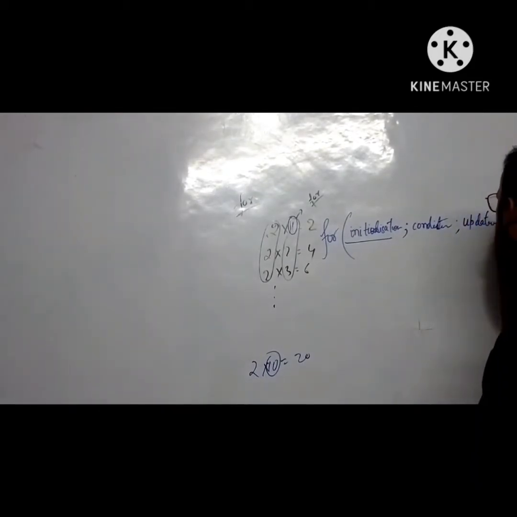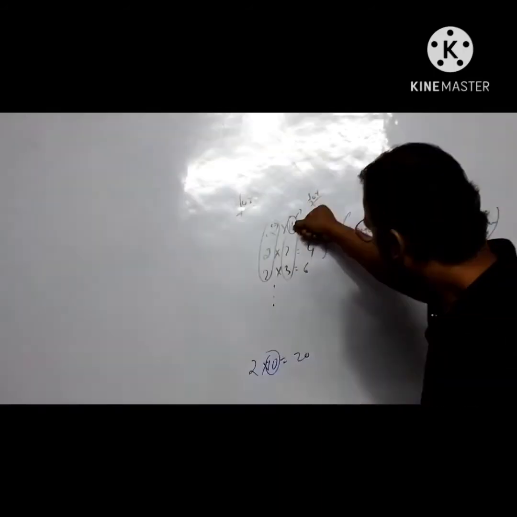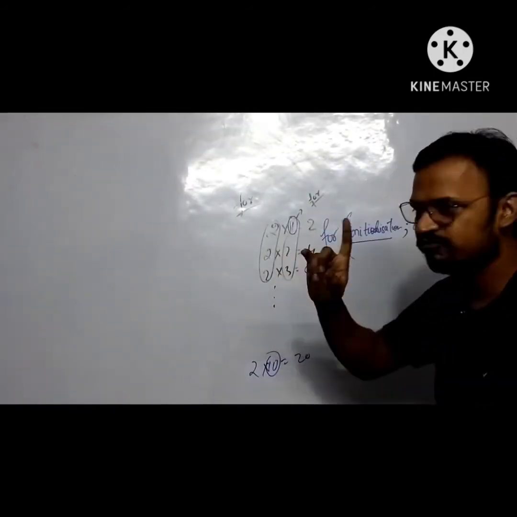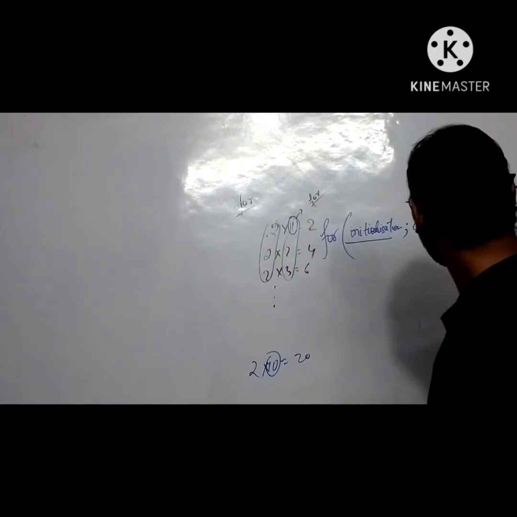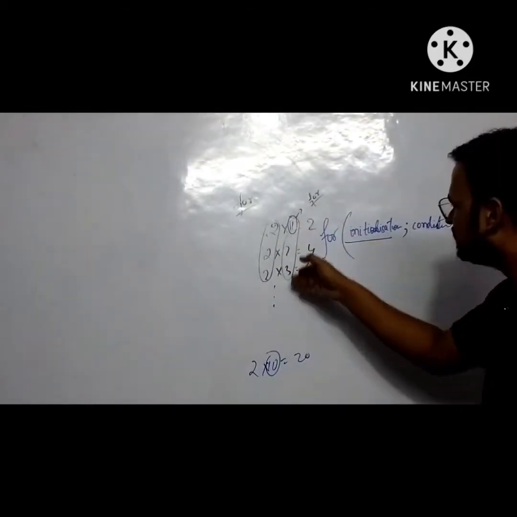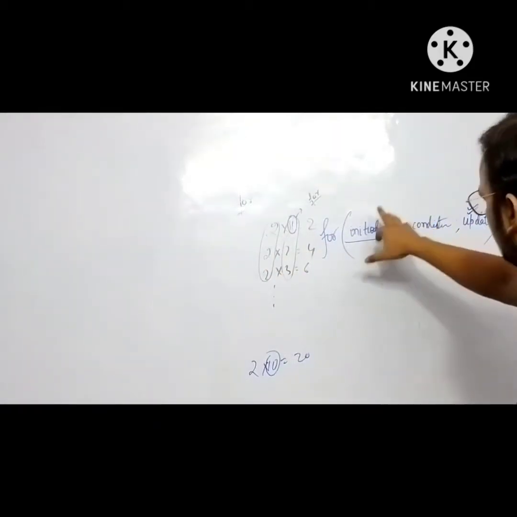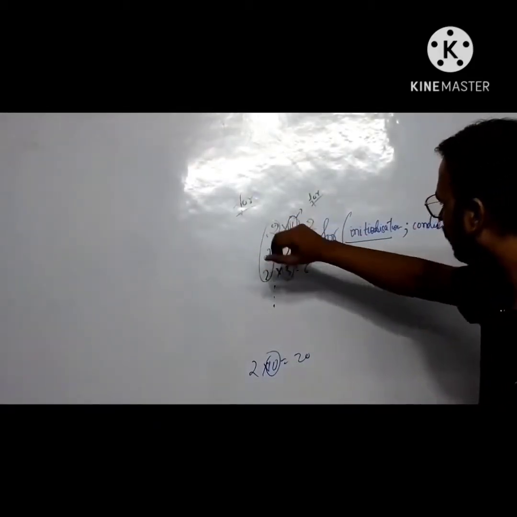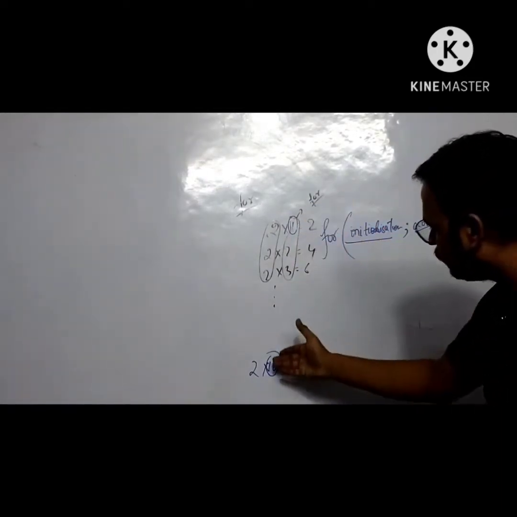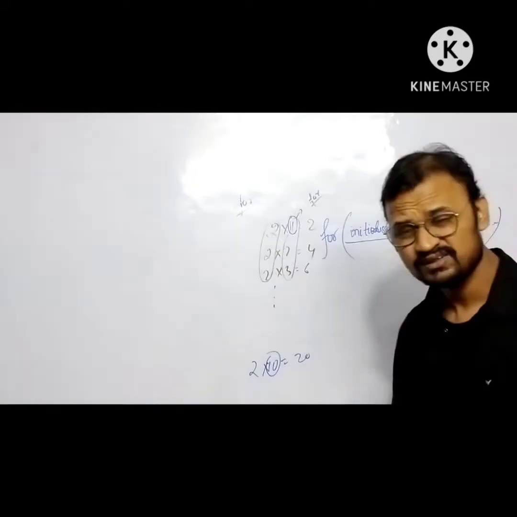Updation means, in simple language, increment or decrement. See, we have an increment value of 1 only. So here we have to define by what value it should be increased. In the case of the table of 2, initialization is 1, condition is up to 10, and the updation is 1 by 1.